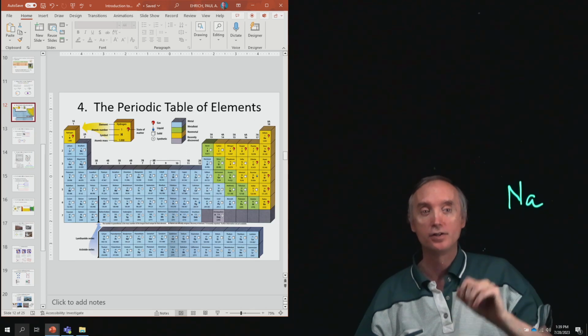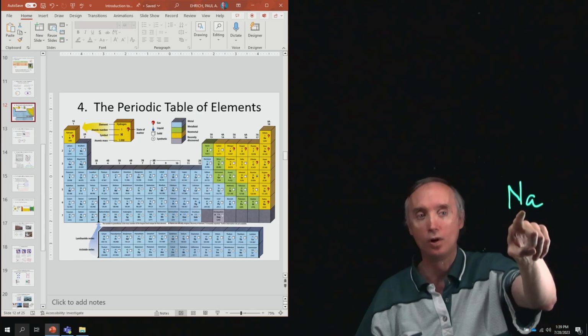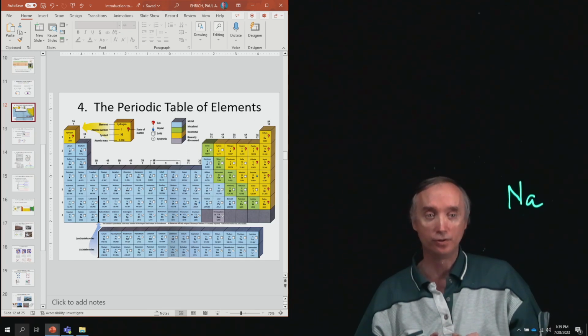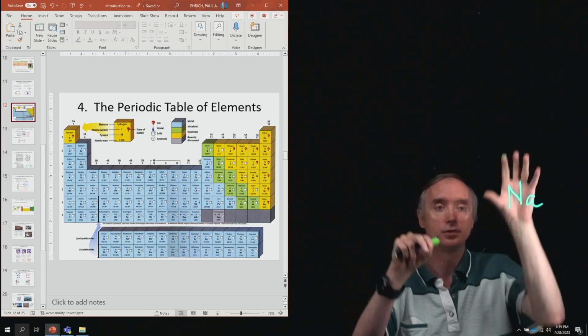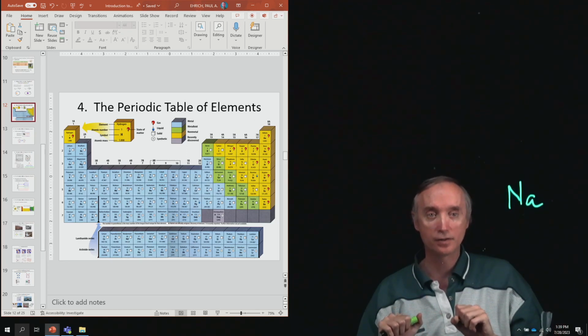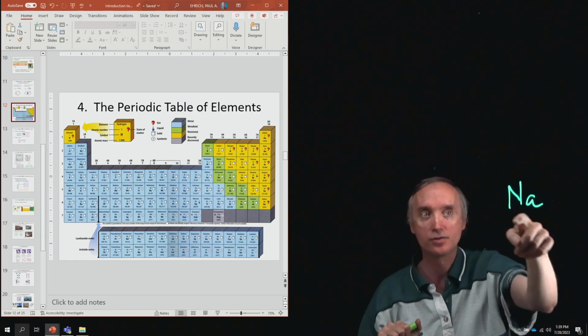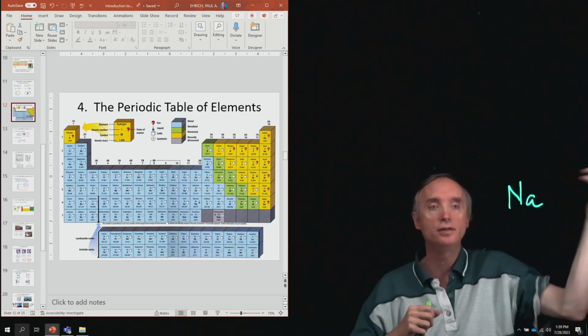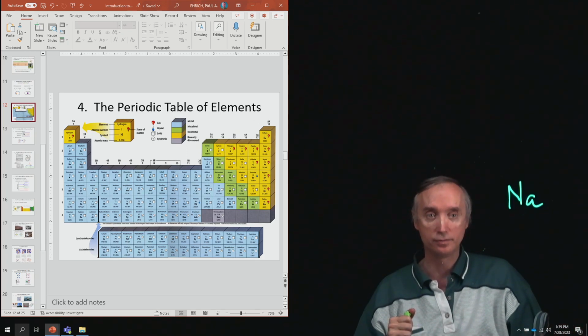So sodium has one electron. How many does it want? It wants 8. Now what it could do is grab 7 electrons so that it gets to its magic number of 8, but it's easier just to give away one electron.